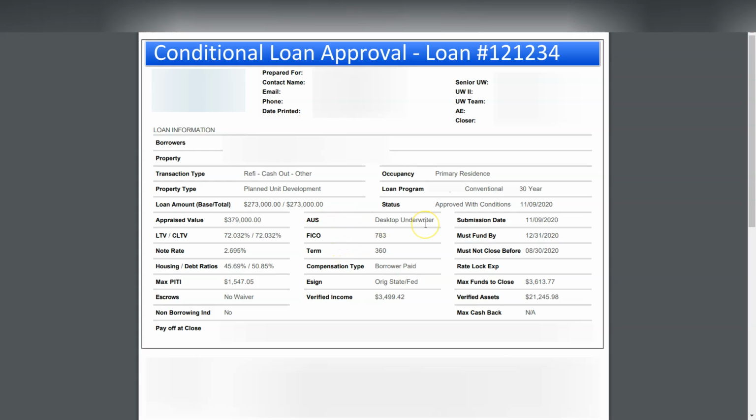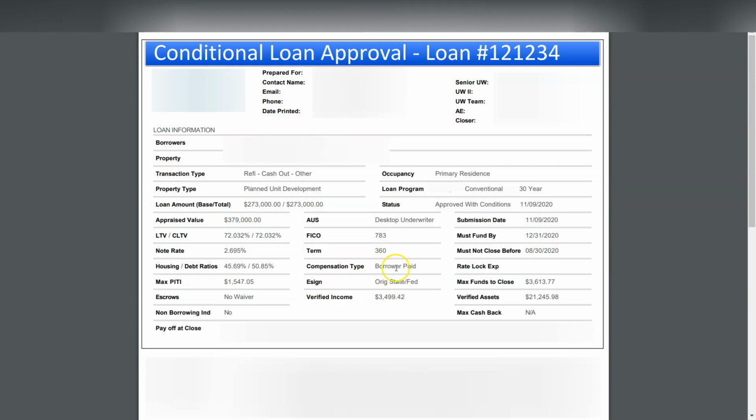AUS. So desktop underwriter, or DU, was the AUS or automated underwriting system that was used to determine if the borrower qualifies for this loan or not. FICO. The borrower has a 783 middle credit score, and that's what FICO basically means. Term, 360 months, which is a 30-year mortgage.